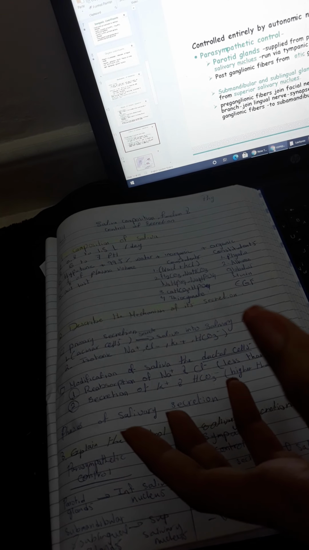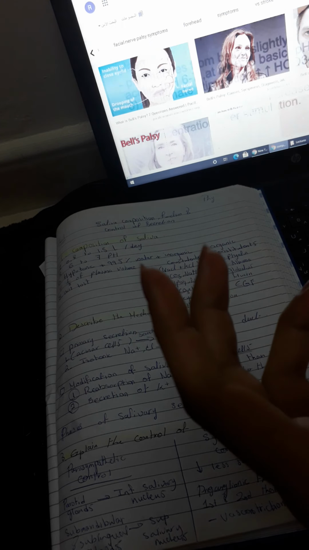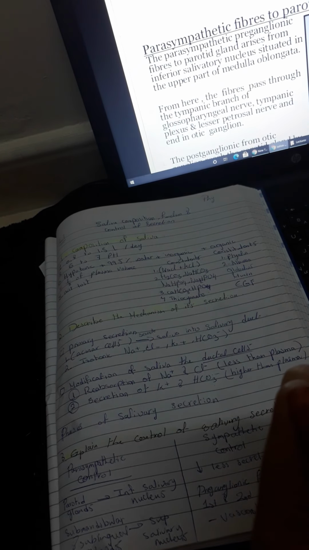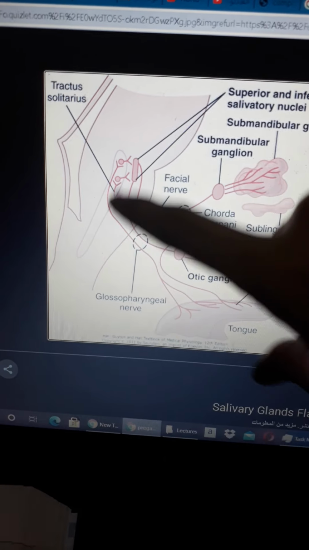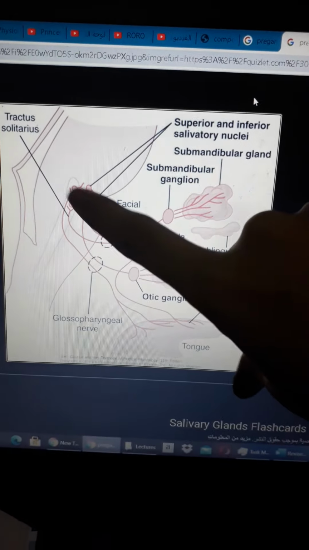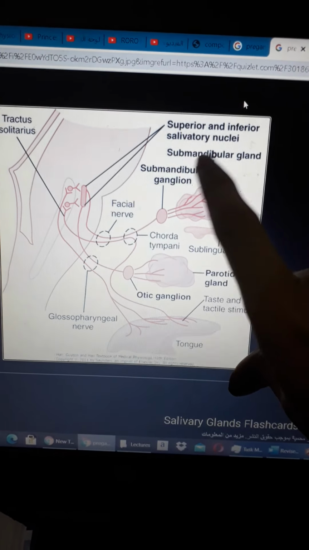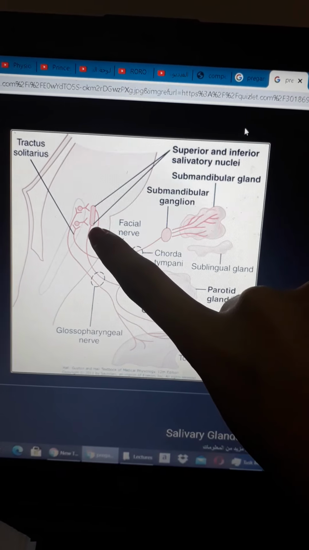I will show you a picture. It shows how the parotid, submandibular and sublingual glands are supplied. Look at this picture. Here we have preganglionic fibers, with the superior salivatory nuclei and inferior salivatory nuclei.